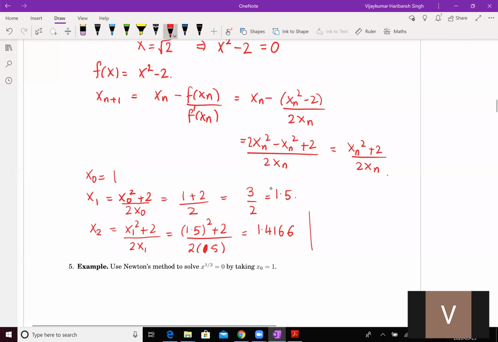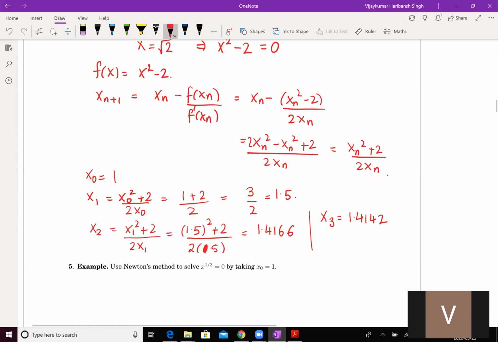Similarly, when I find my x3, I need to substitute x2 in this equation, and the answer turns out to be 1.4166. So I substitute this, and my next answer is 1.4142.